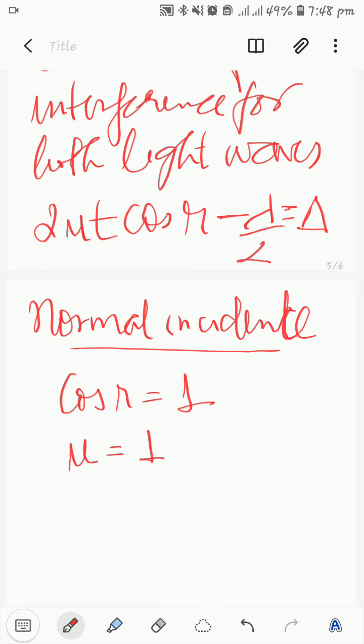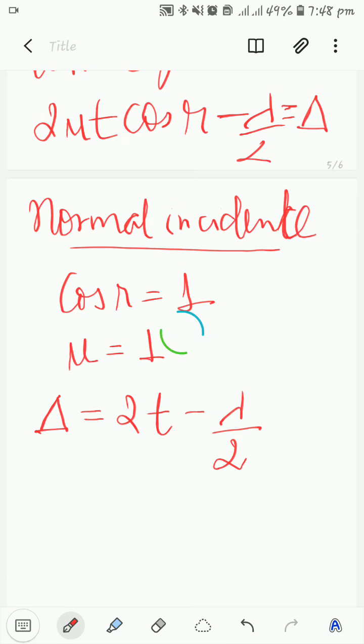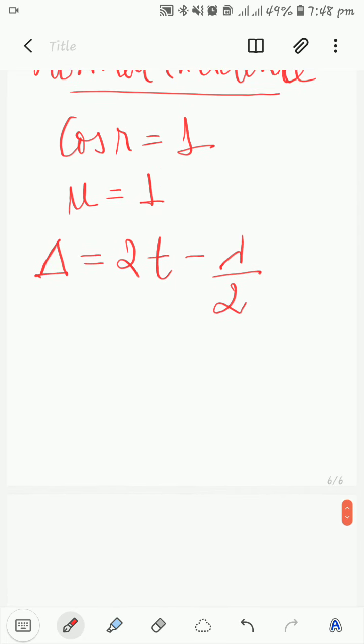So if mu is 1 and cos r is 1, the condition will be delta is equal to 2t minus lambda by 2. This will be the condition of path difference between both the rays.